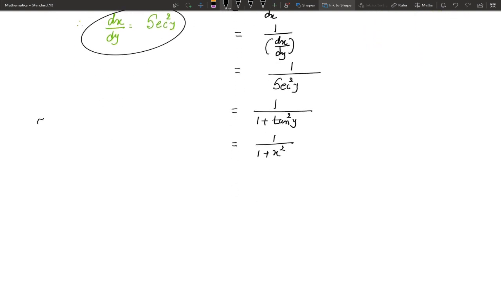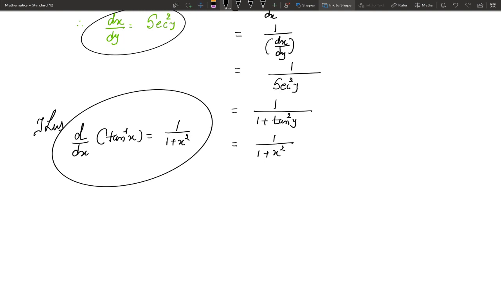So thus we have obtained d by dx of tan inverse x equal to 1 upon 1 plus x square.